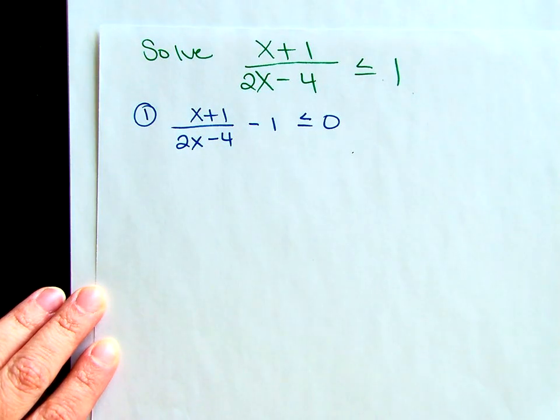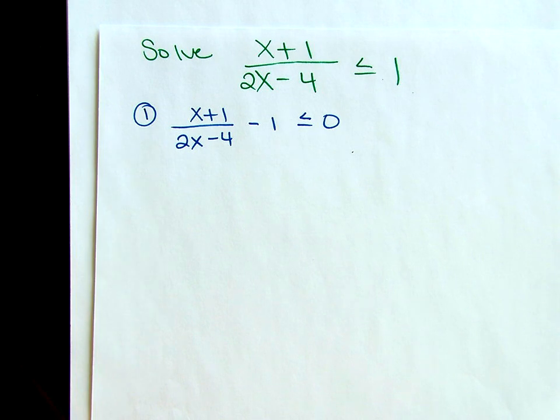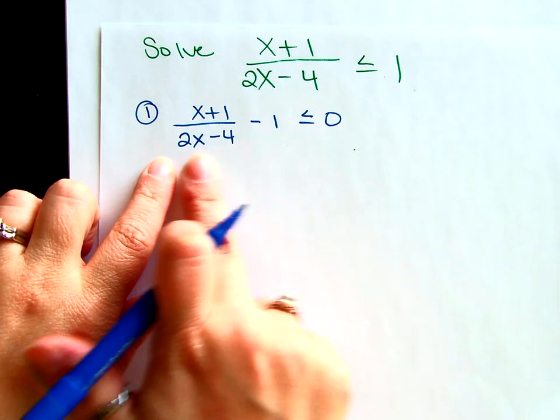Now I got everything on the left. And if this was a polynomial function or inequality, we'd be done and we could move on. But for our rational inequalities, we want one rational expression on the left. So we need to combine these.